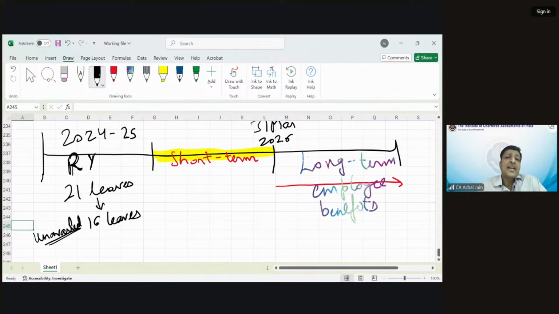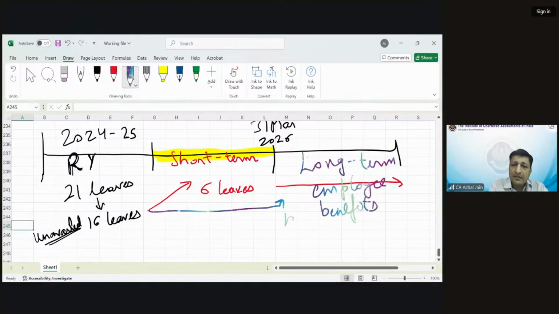Now, management has an expectation. Out of 16, 6 will be availed next year, and the remaining 10 leaves will be availed next to next year or in the future years.